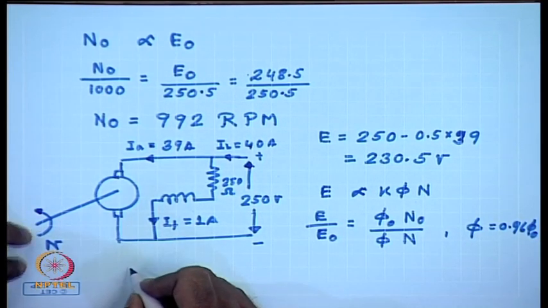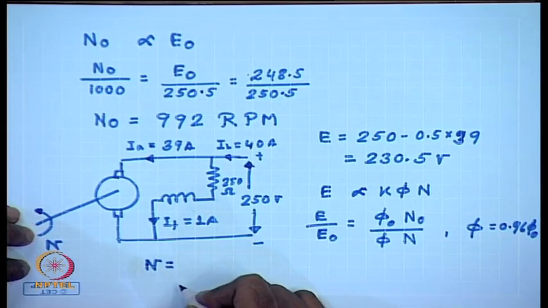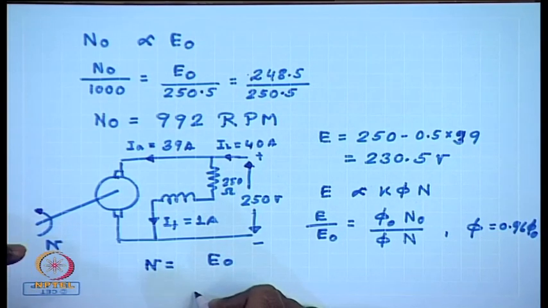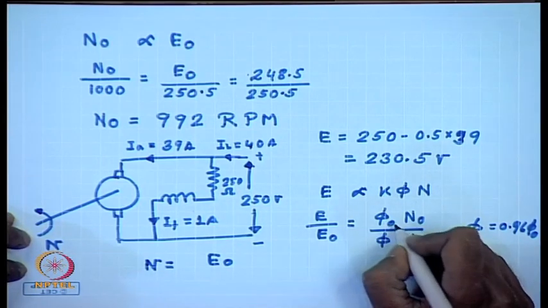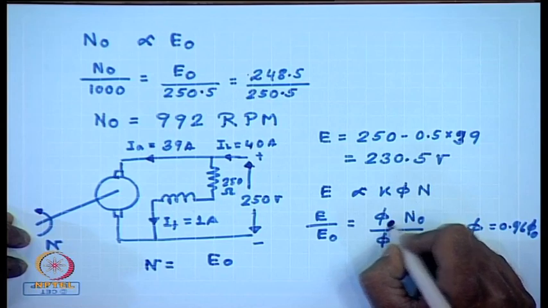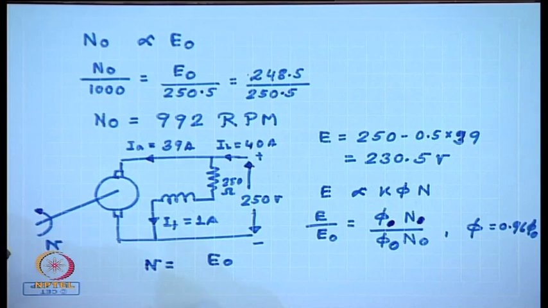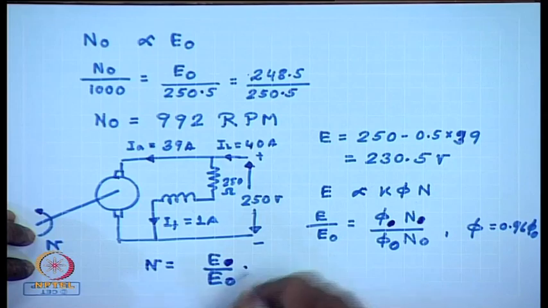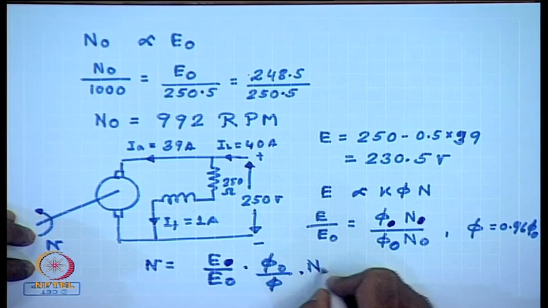So, n equal to E by E0 into phi0 by phi into n0.